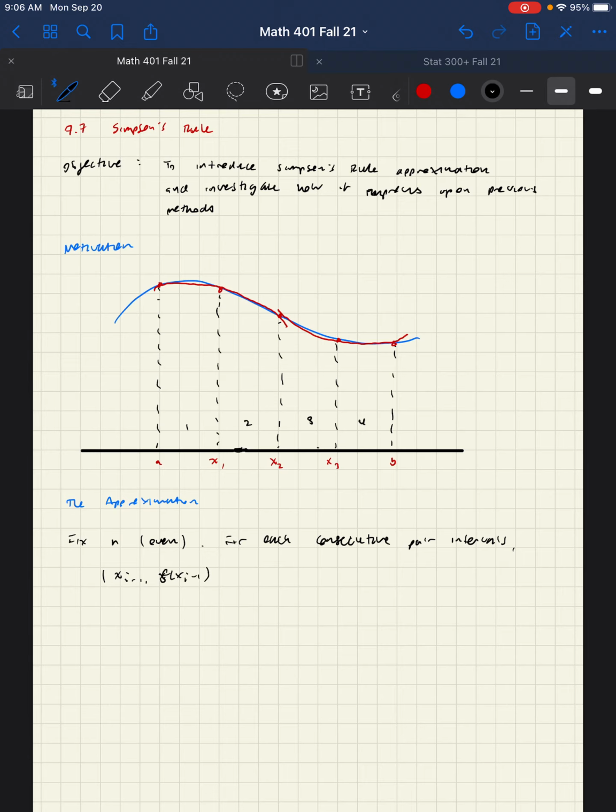Then we're going to take the points x sub i minus 1, f of x sub i minus 1, that's this point, x sub i, f of x sub i, that's this point, and x sub i plus 1, f of x sub i plus 1, and that's the last point on the curve that we're using, and we're going to determine the unique parabola passing through those points.